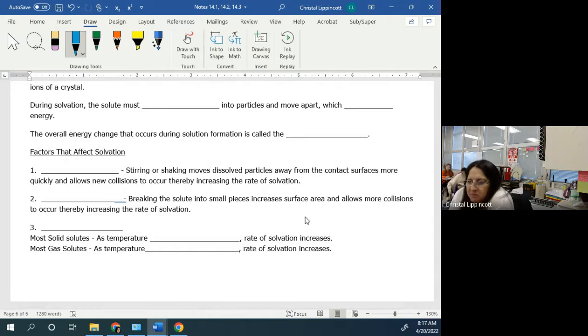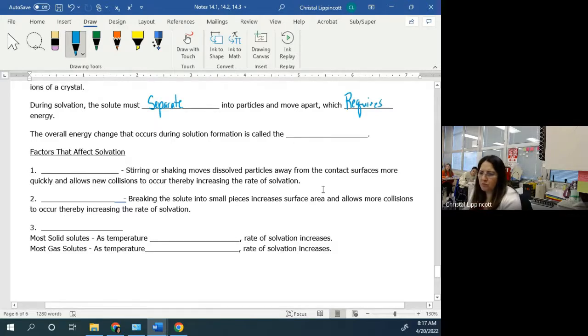All right. So during solvation, the solute must separate into particles and move apart. This requires energy. The overall energy change that occurs during solvation formation is called, what do you think that is?